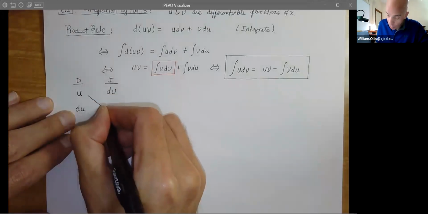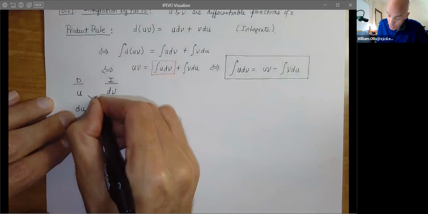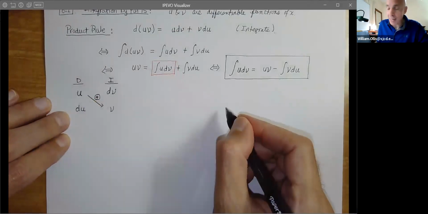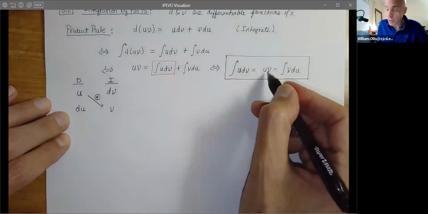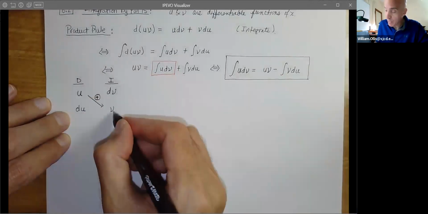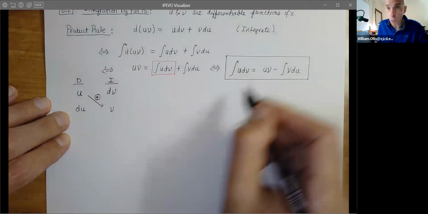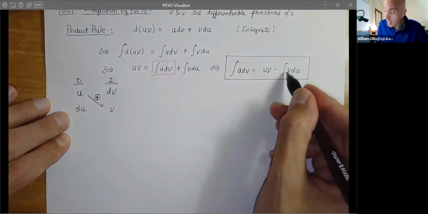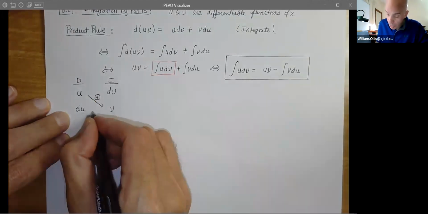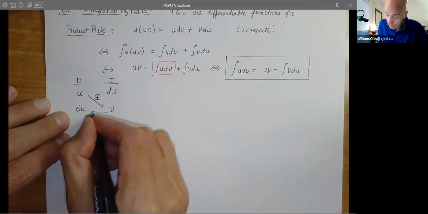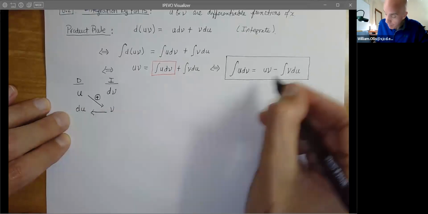So we do an arrow here and just put a plus there. Just kind of like reminding us that there are no negatives here. There might be negatives buried in u and v, but there's no negative in the formula. And then to get the v du integral, we have the horizontal line here with the minus sign.